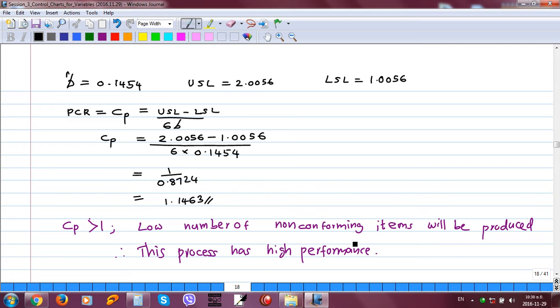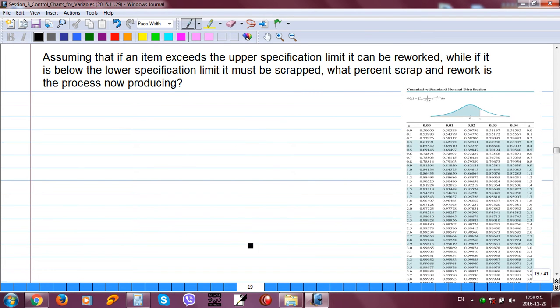And another thing we can do, so this is another type of question that can be asked in your examination or the tutorial. Assuming that if an item exceeds the upper specification limit, it can be revoked, while if it is below the lower specification limit, it must be scrapped.